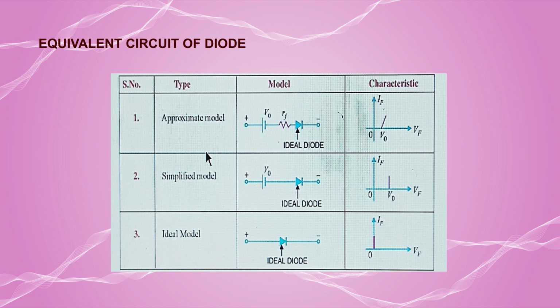In the simplified model, we can add the voltage which actually occurs as a barrier potential, that is shown in the VI characteristics, and it is also called the knee voltage. So, in practical diodes, the potential which is obtained at the barrier is shown in the VI characteristics, and then the more approximate model is considered for the diode.